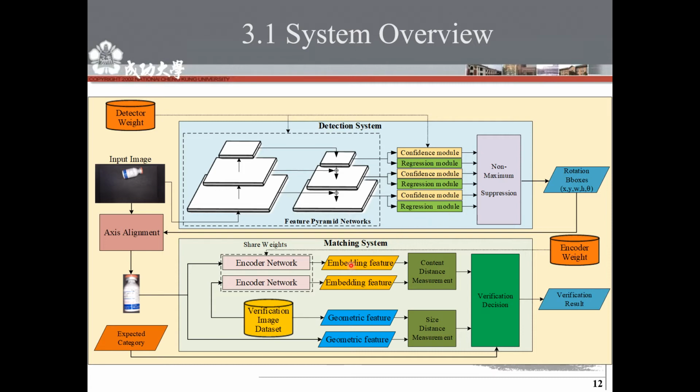In the second part, we use the feature embedding network to extract features from the input data, and we obtain embedding features, and then we compare the distances of the geometric feature and the embedding feature respectively. Finally, the results and expected category are input to the decision module to determine whether the input drug image passes or not.